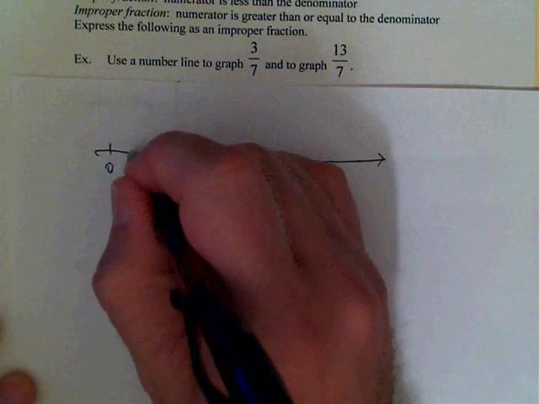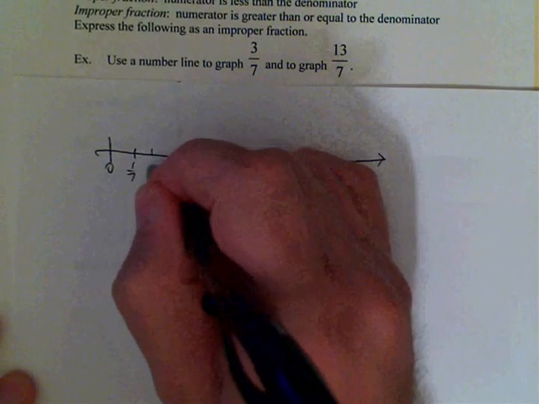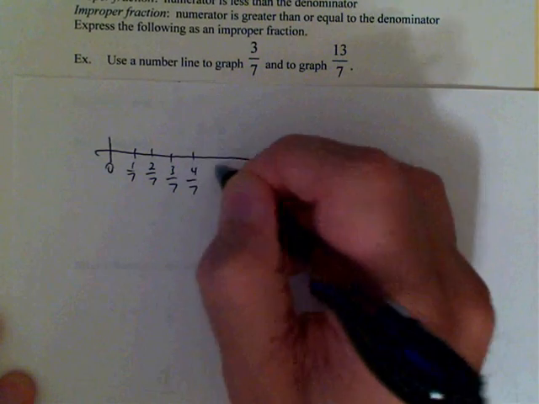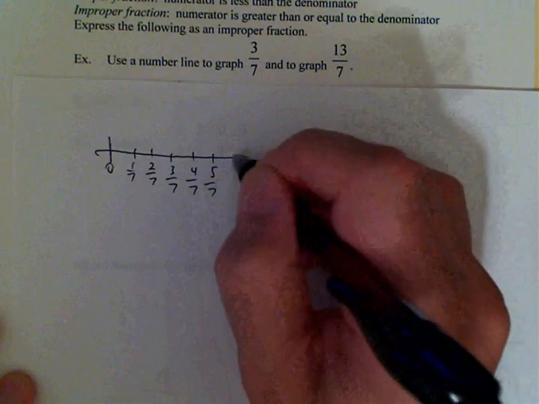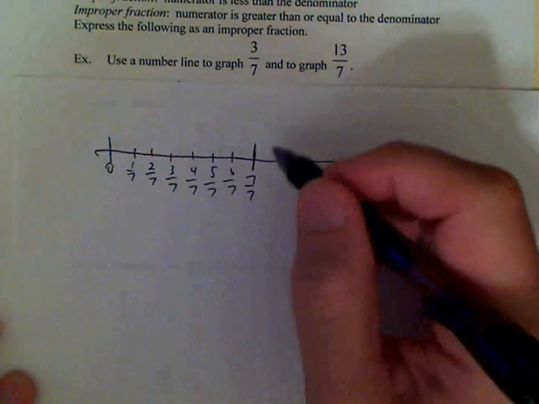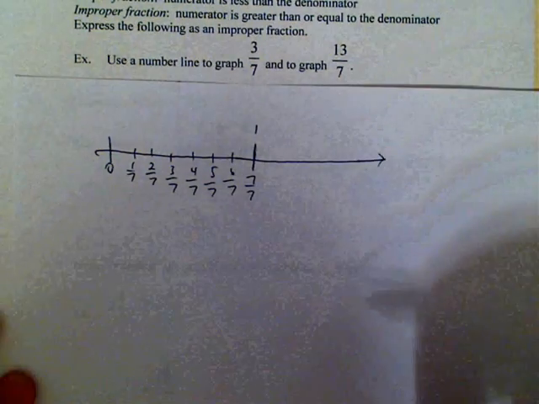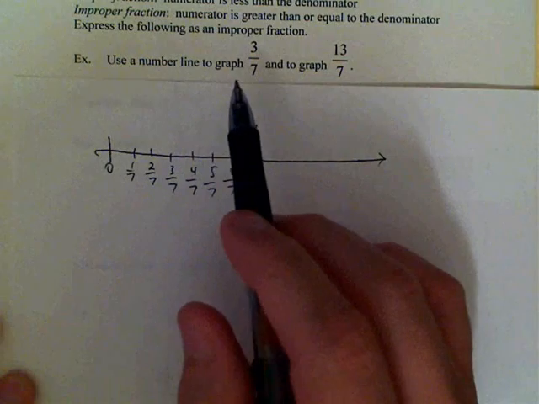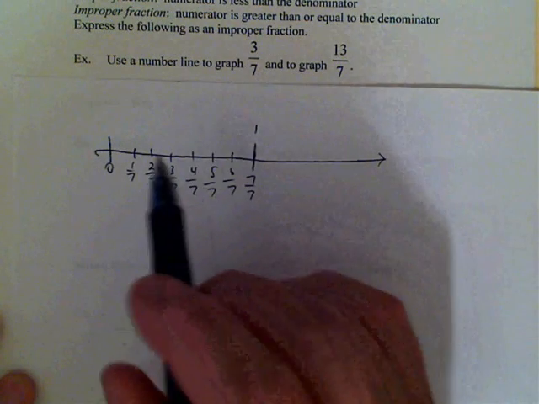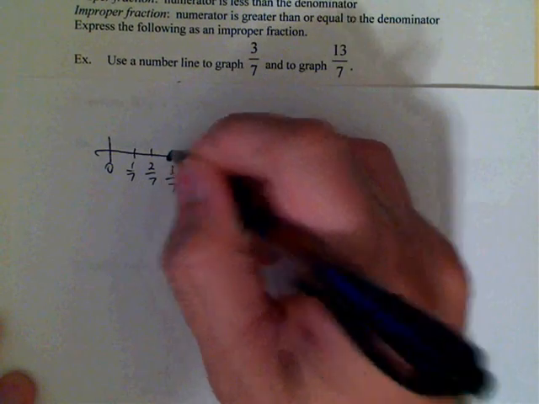So let's go 1/7, 2/7, 3/7, 4/7, 5/7, 6/7, 7/7. Now notice 7/7 is the same as 1. So to demonstrate how to graph 3/7 on a number line, we count over to 3/7 and we just draw a closed circle that represents 3/7.